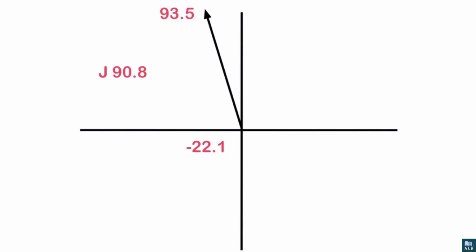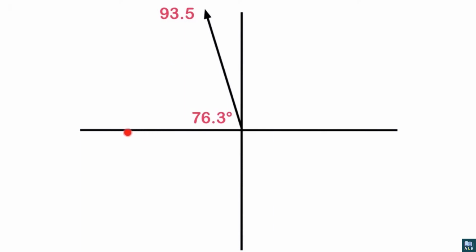So my resultant is 93.5. The next thing I've got to do is work out what my angle is in here. So we're just going to take 22.1 divided by 93.5, inverse cos that, and I get an answer of 76.3 degrees. Now again, we are in quadrant number 2, so my answer is not 93.5 at 76.3 degrees.